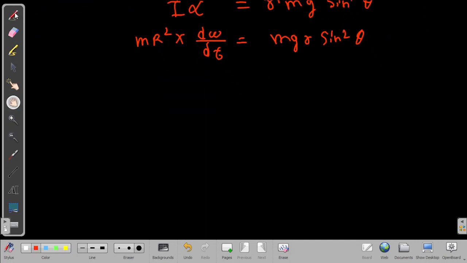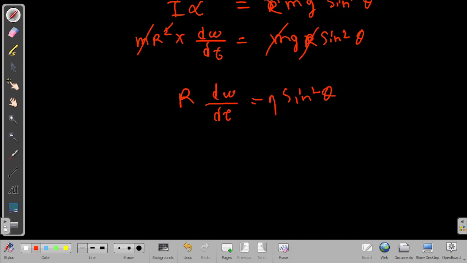Now let us consider that m is gone, and r and r are gone. So r times d omega by dt is equal to g sin square theta. Further we can write d square theta divided by dt square is equal to g sin square theta.